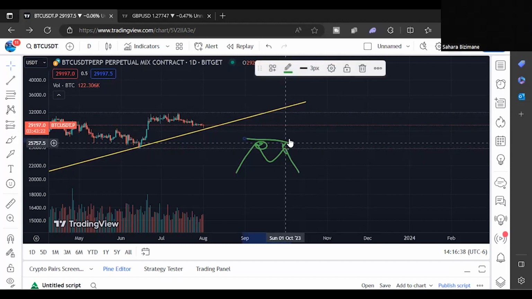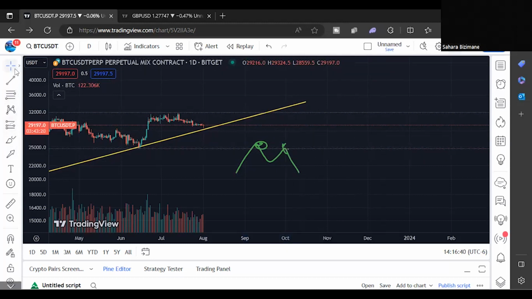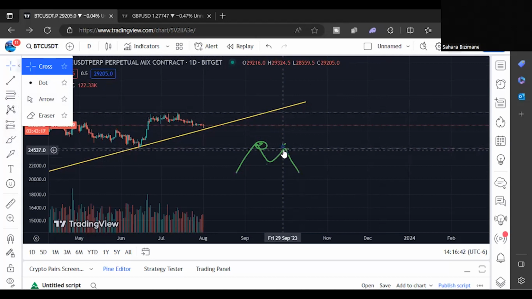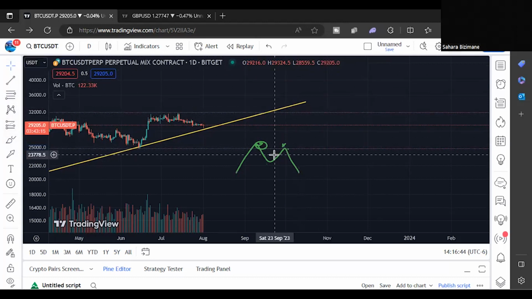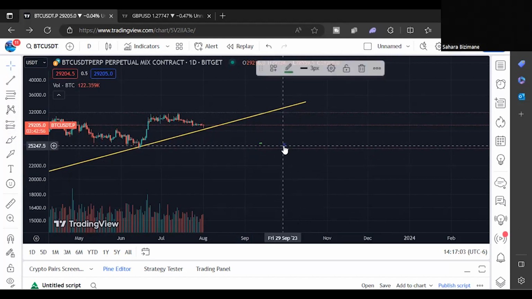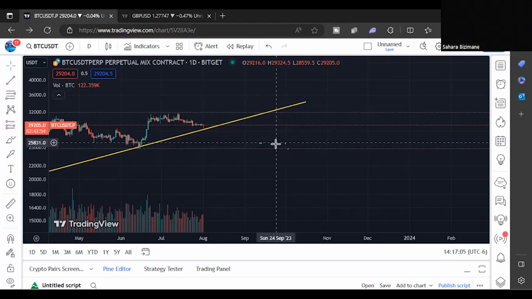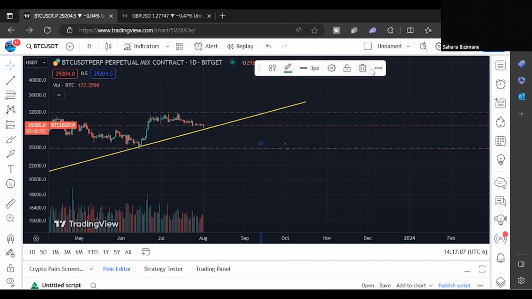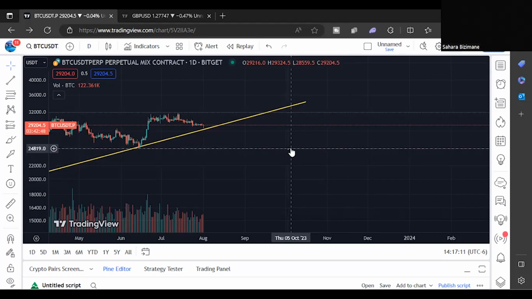As soon as you see a double top getting formed, you want to start looking for entries to go short. Now, like I said, it works very well when the price is in an uptrend. That usually is a strong indication that the current trend is about to get reversed.